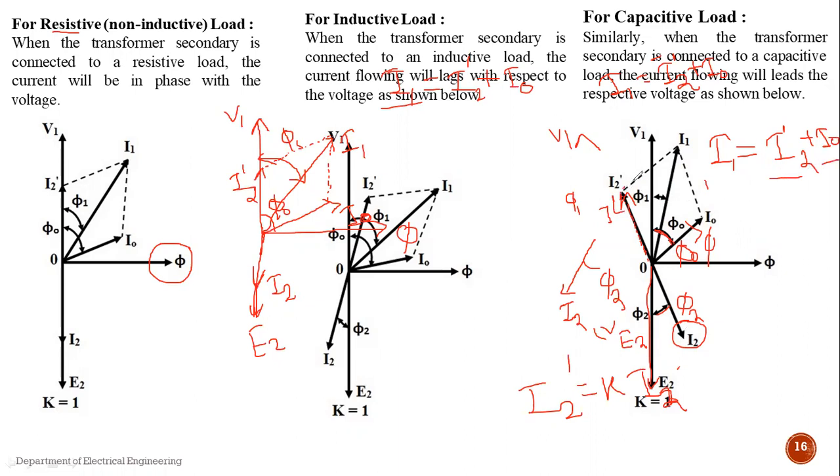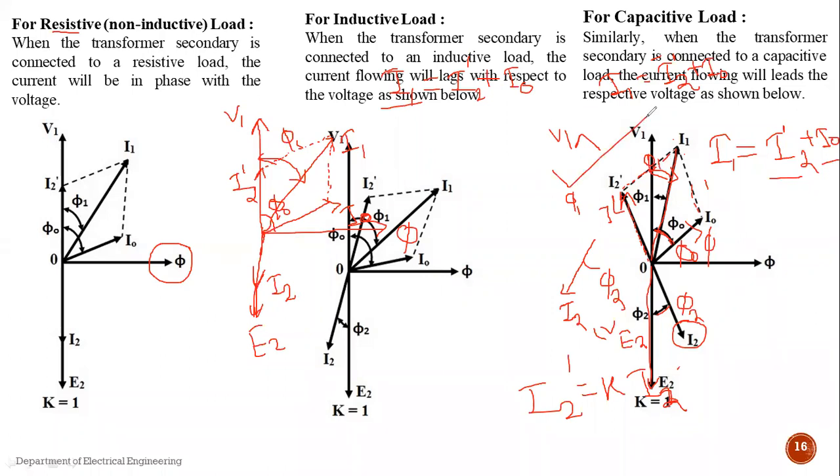So we draw the parallelogram. When the parallelogram is drawn, the resultant vector I1 can be obtained, and this I1 lags behind the supply voltage V1 by angle phi 1. So this is the phasor diagram for capacitive load.